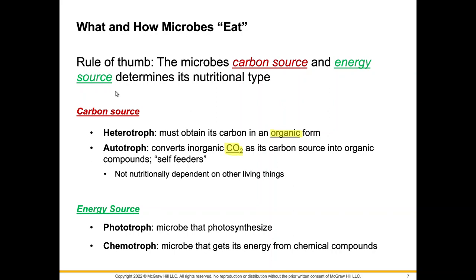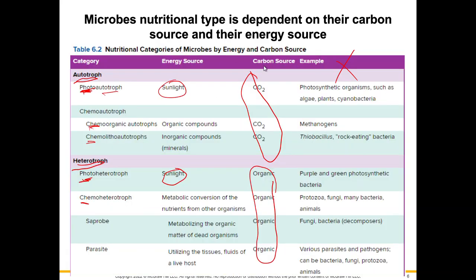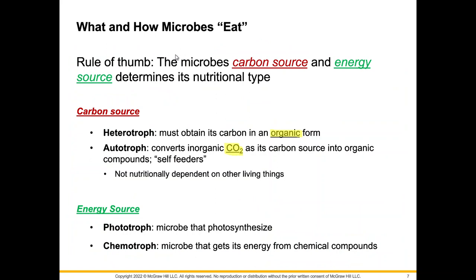So some rules of thumb: the microbe's carbon source and energy source determines its nutritional type. Hence, that's why they're labeled here at the top as categories in this table. Our carbon sources can be heterotrophic or autotrophic.